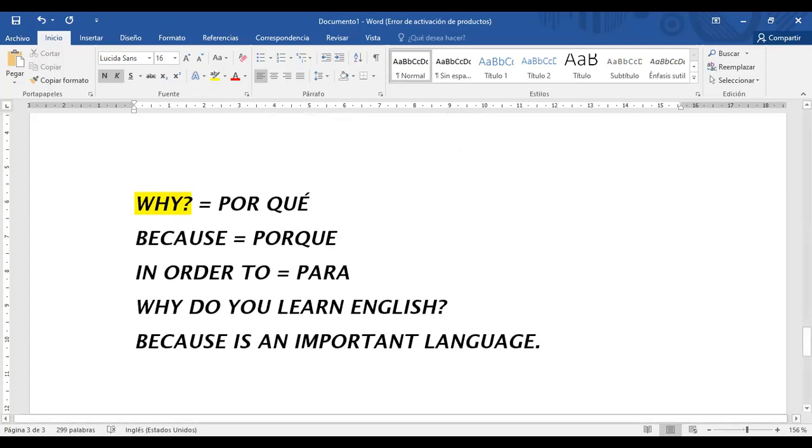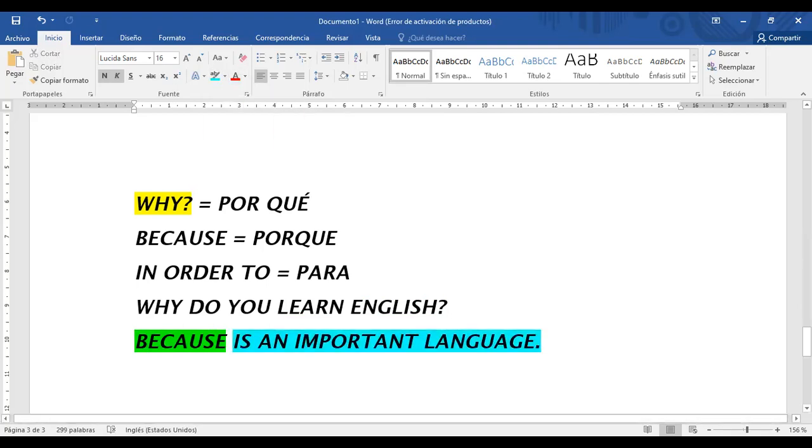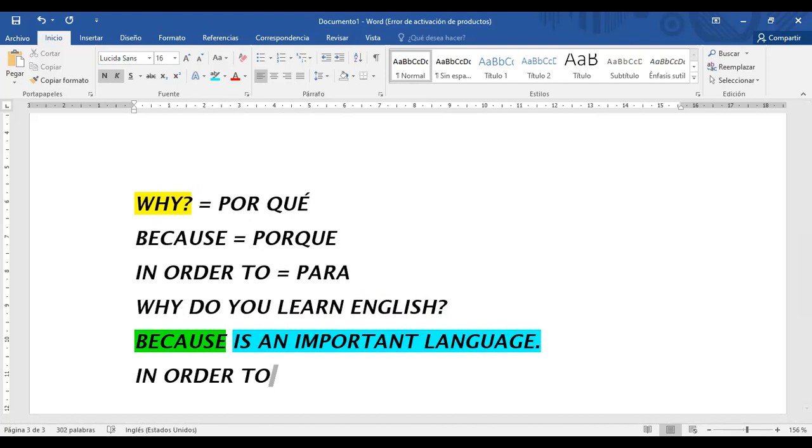You say, because in the beginning, and your reasons, Carlos, they are free. You can say whatever you want because it's a reason that you decide and you say. And the other one is in order to, right?